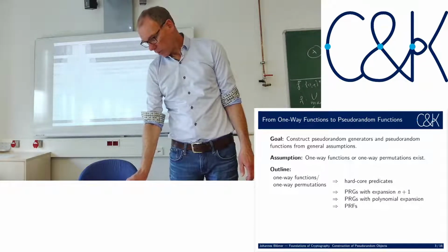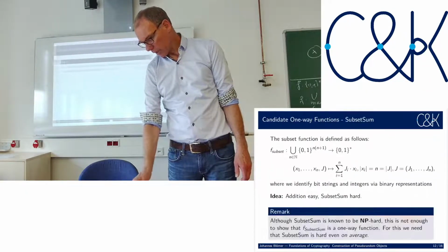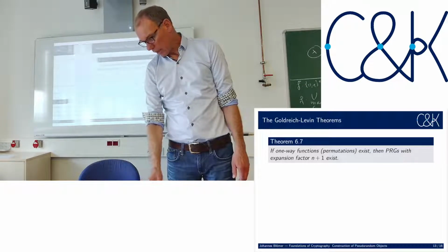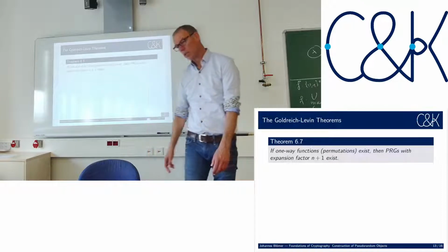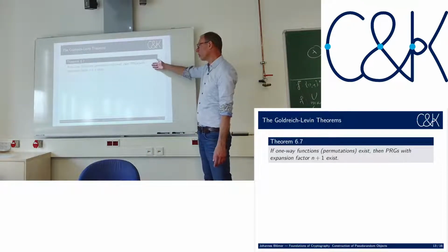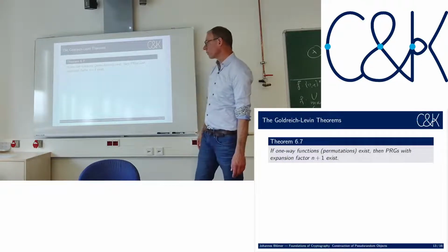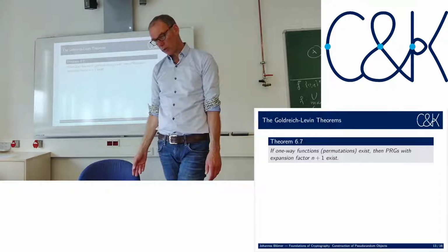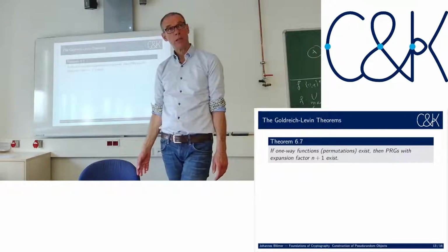This goes back to Oded Goldreich and Leonid Levin in the mid-1980s. And in fact, they directly basically showed that then PRGs with expansion factor n+1 exist. This is often called the Goldreich-Levin theorem.